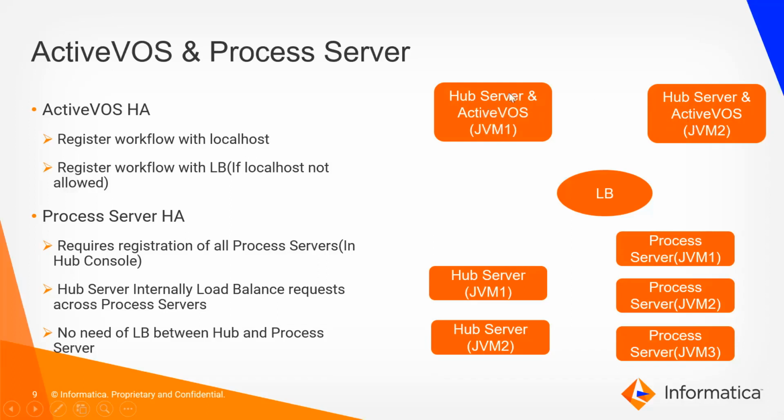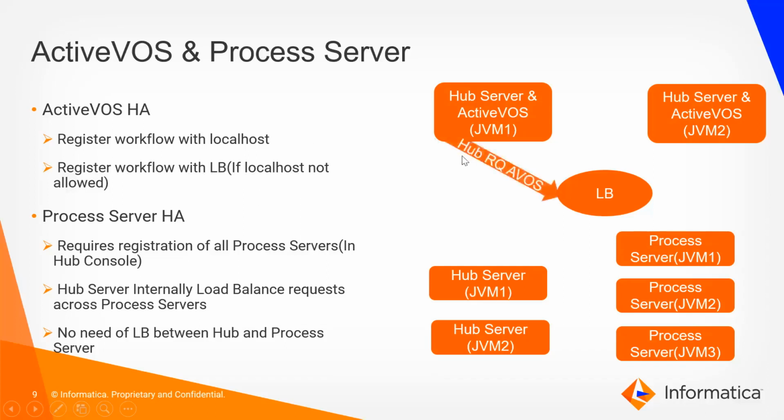So you have all the enterprise applications installed on the same JVM. So we can register the Activos workflow with the localhost, or register the workflow in the hub console with the LB URL if localhost is not allowed.